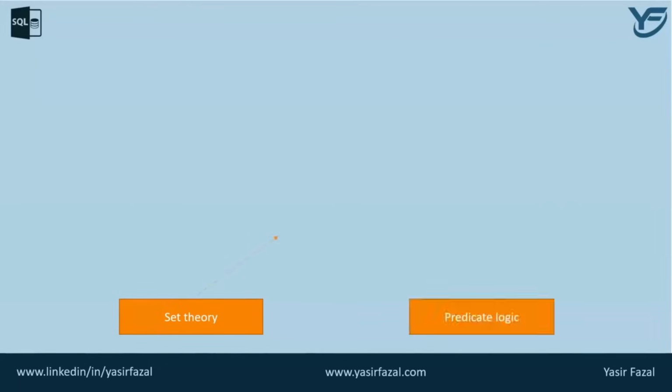And then there's predicate logic. Now, when you combine predicate logic with set theory, you get a relational model, and this relational model basically gives you the basics of SQL.